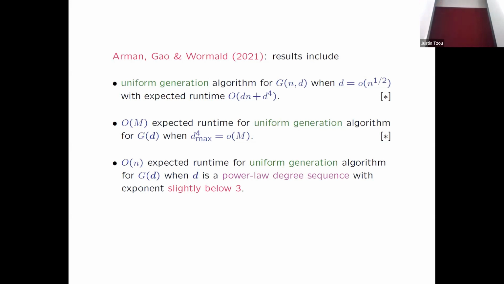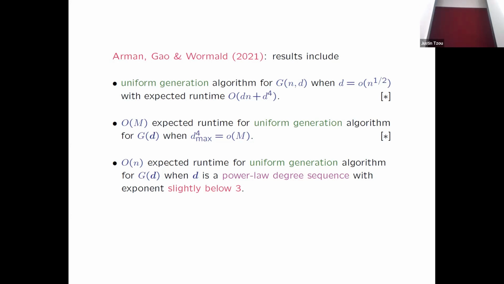In the non-regular case, we get order number of edges runtime, so at most some constant times the number of edges, expected runtime if the maximum degree to the 4th is growing slower than the sum of the degrees or the number of edges. And you can't describe a graph in less than order of m runtime, I think, unless you're doing something pre-arranged and clever. So this is sort of as fast as you would expect.